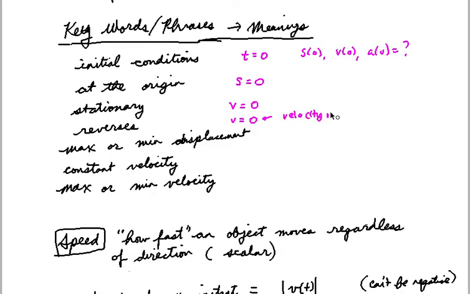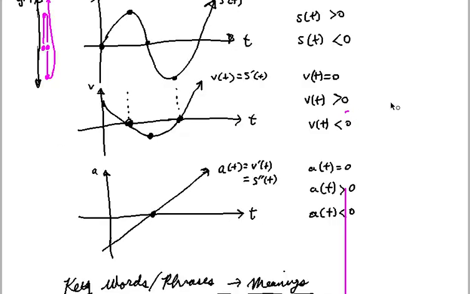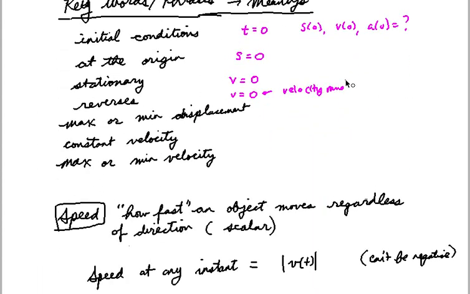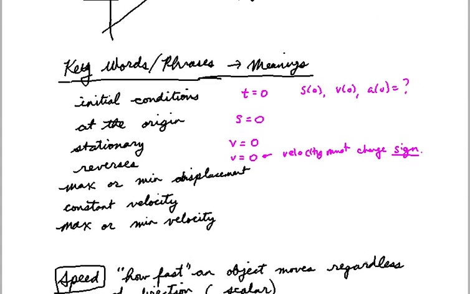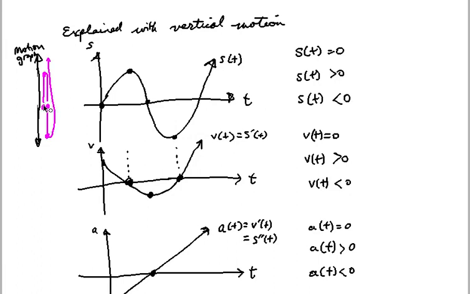Velocity must change sign. And we talked about that up here, how it changed sign. The velocity was positive here. As soon as it changed sign, the body started moving back down.